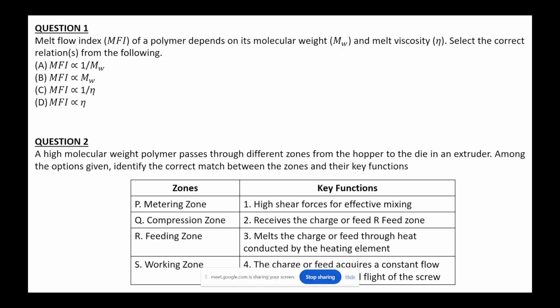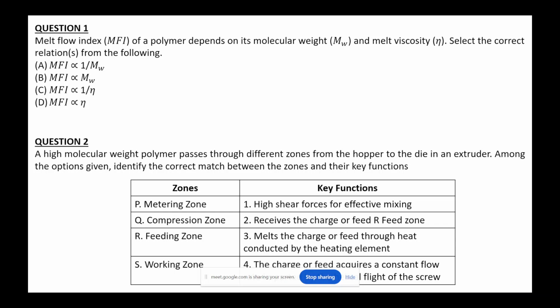Anyone? So as we said before, melt flow index is nothing but an industrial measure to check the polymer's flowability. So it's basically a measure of the amount of polymer that flows out of the die under standard conditions in a given time.